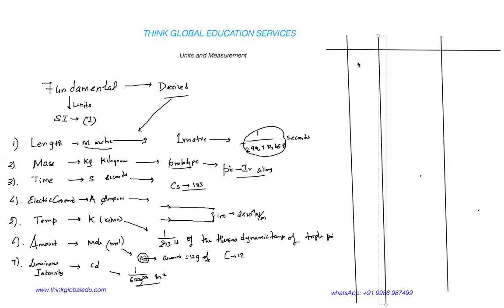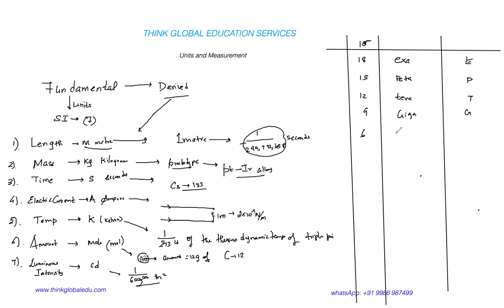Now we can begin from where we left off. First we have 10 to the power 18, which is exa, represented by capital E. Then 10 to the power 15 is peta, which is capital P. Then 10 to the power 12 is tera, which is capital T. Then 10 to the power 9 is giga, represented by capital G. We can have gigabytes, gigaamperes, which would be a lot of current.